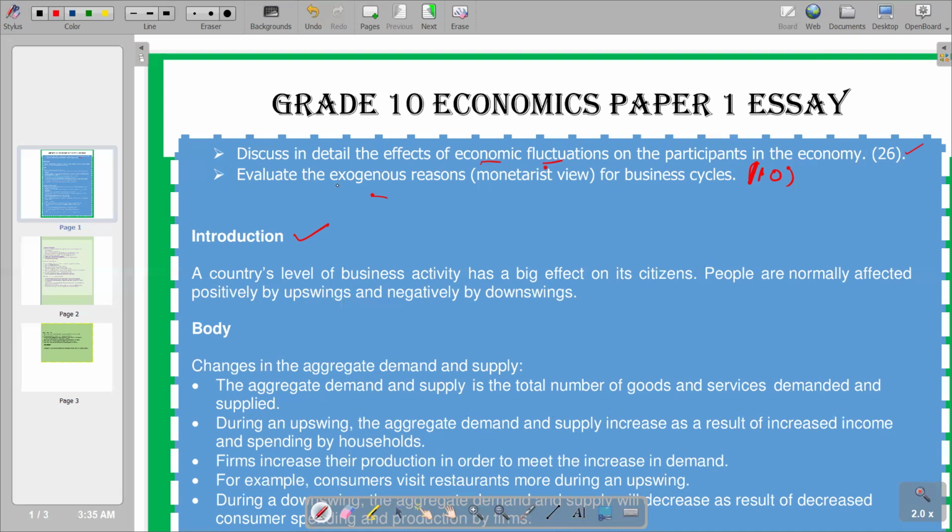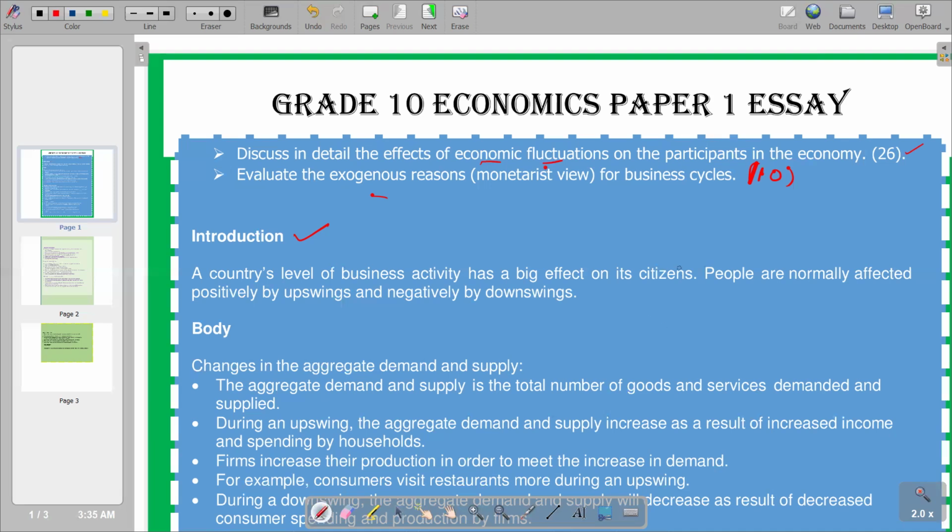Remember what we said when we were explaining the requirements of introduction, that you do not have to repeat the terms that are there in the question and then write it in the introduction. We did not write economic fluctuations, but we explained the meaning of economic fluctuations. So this is what we have in the form of our introduction.